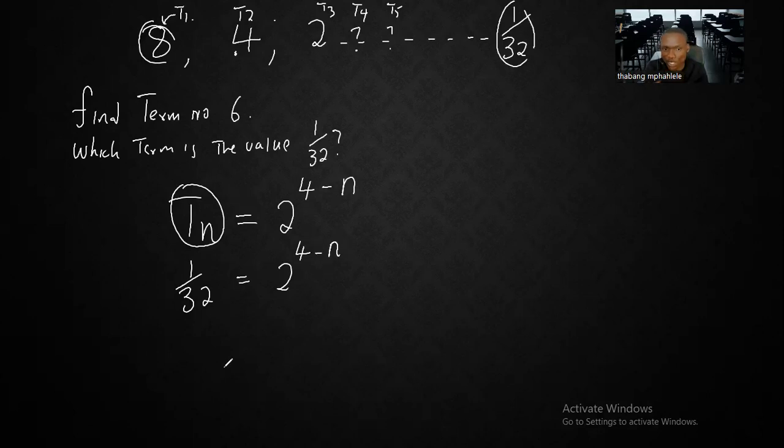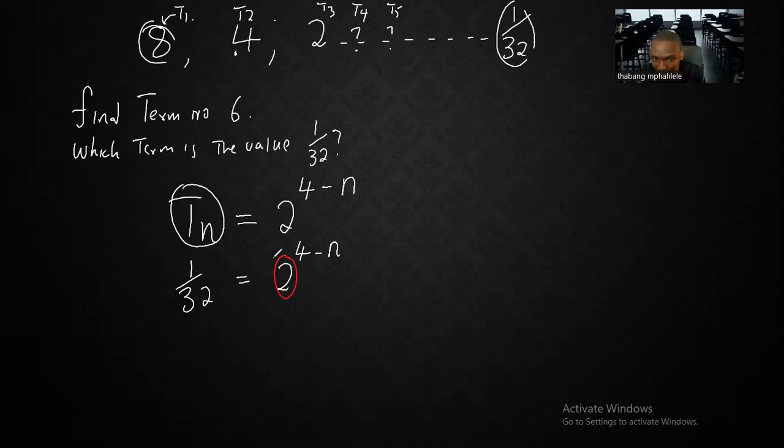Now, you are dealing with an exponential equation where on the right side, you have got the base of 2. So you have to express 1 over 32 as well somehow as a base of 2 so that you can have the same base.